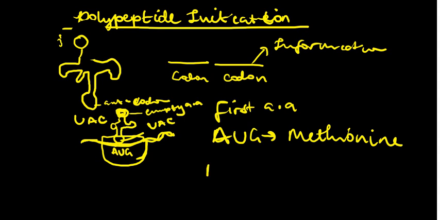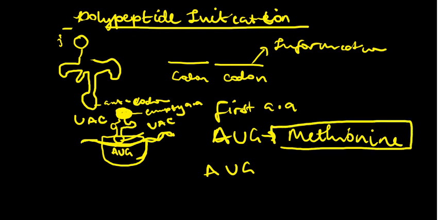When the AUG is read by tRNA, this amino acid gains identity and becomes the methionine that you can see here. So it doesn't come here as methionine already. What determines its identity is the genetic code right here.